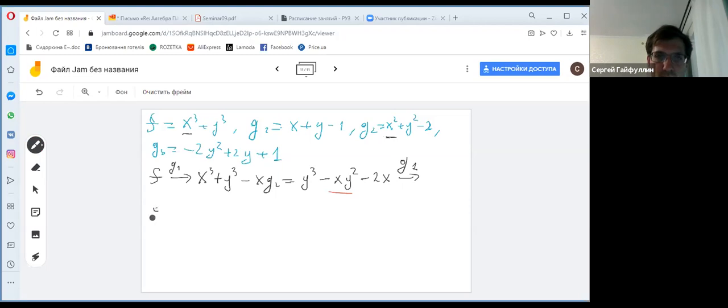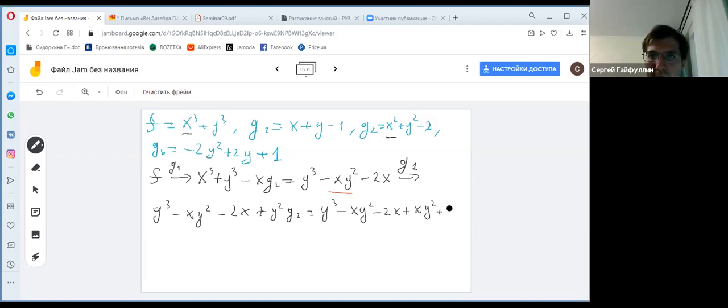It is y cubed minus x y squared minus 2x plus y squared g1, which is equal to y cubed minus x y cubed minus 2x plus x y cubed plus, sorry, okay, here it is.